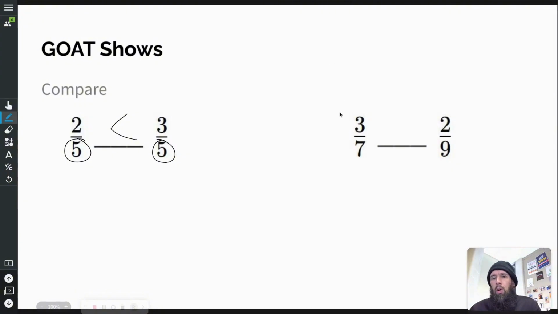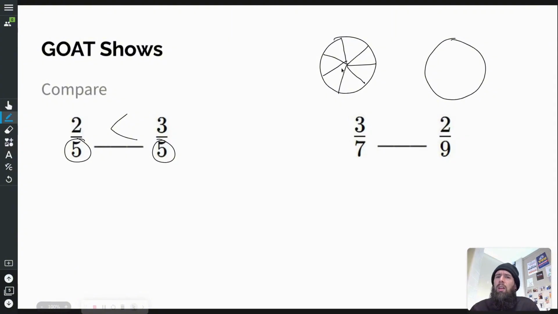We're just going to have to try to draw this out. So, picture, how am I going to make that 7? Wow, okay, so maybe 1, 2, 3, 4, 5, 6, 7. That's not bad.